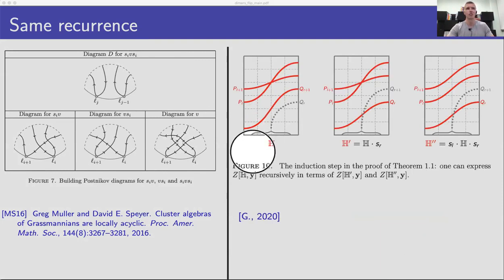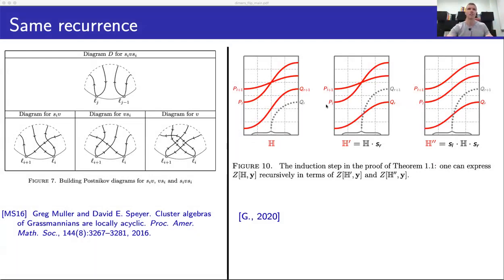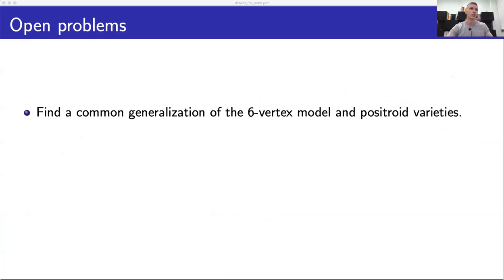And here's a picture from my paper. That's the induction step in the proof of the flip theorem. I act by some simple transpositions on the left and on the right of my horizontal boundary conditions. And it turns out that this is literally the same recurrence. It's in two completely different worlds, but the recurrence is literally the same. So the question is, can you generalize these two objects to some common ancestor?